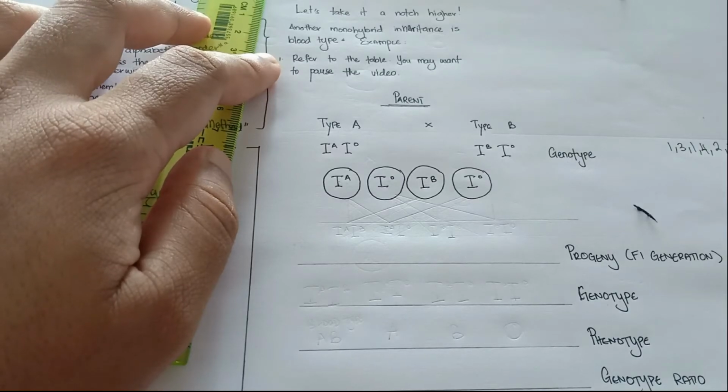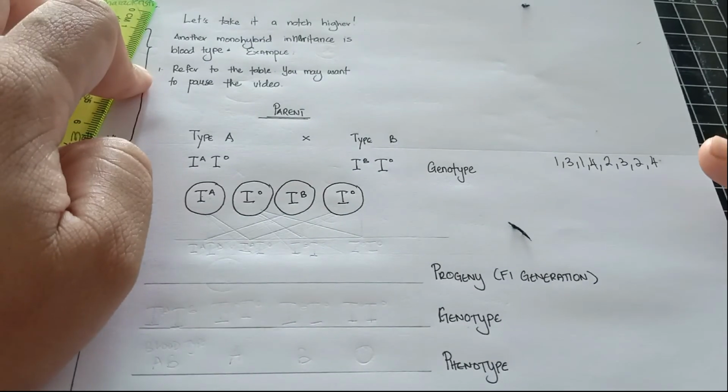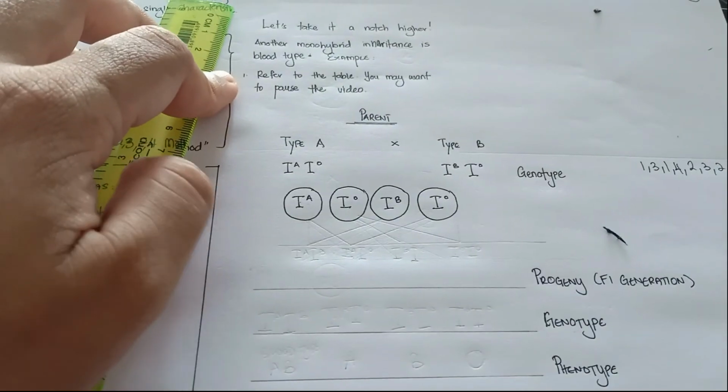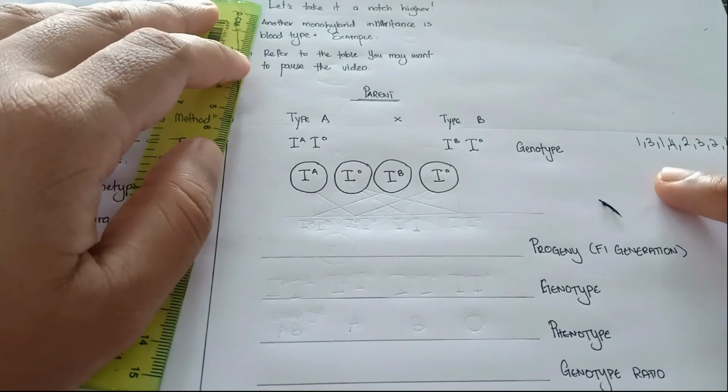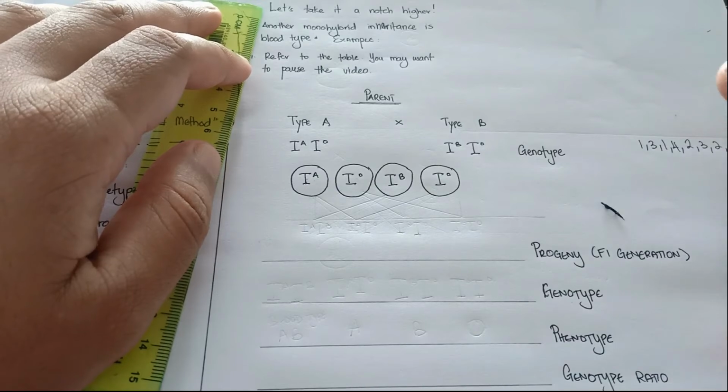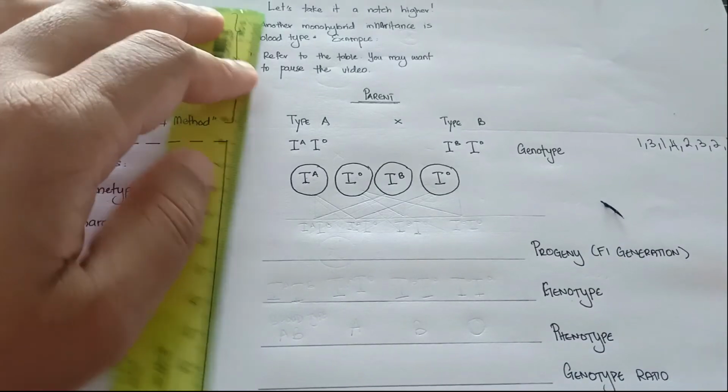Now the next step is to cross the genes. I'll use the 1314 method. When I mention the 1314 method, it's actually the 1314 2324 method. I'll be crossing all of these genes so you can see it clearly. You can see the scribble marks here. I've tried this a few times so that I get it right, so that you don't get it wrong.